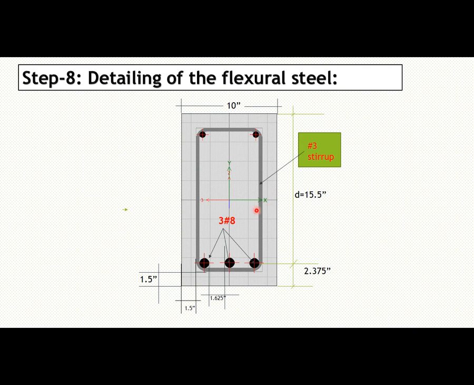I hope that you have understood how to design the flexural steel and the concrete dimension of a rectangular singly reinforced beam. Okay, of course it's an under reinforced beam.